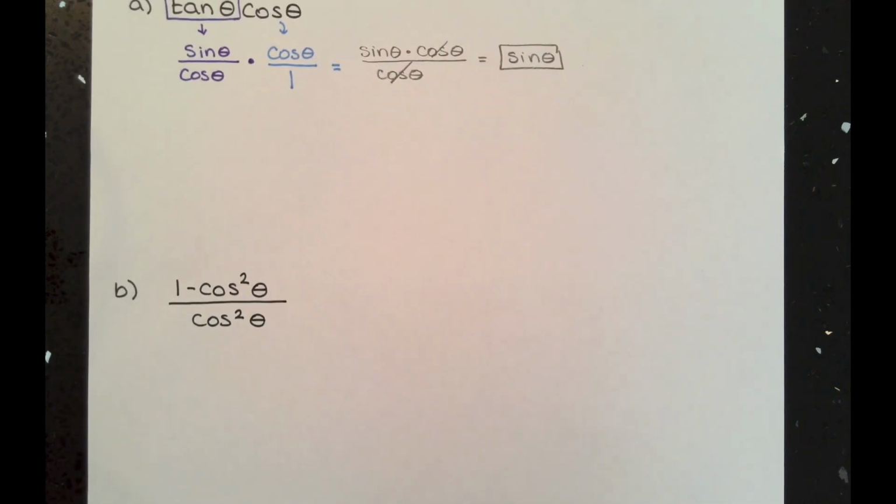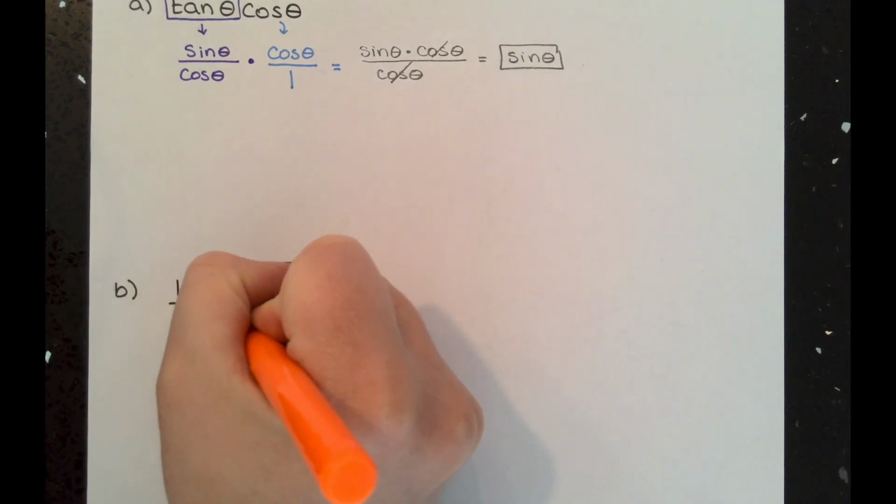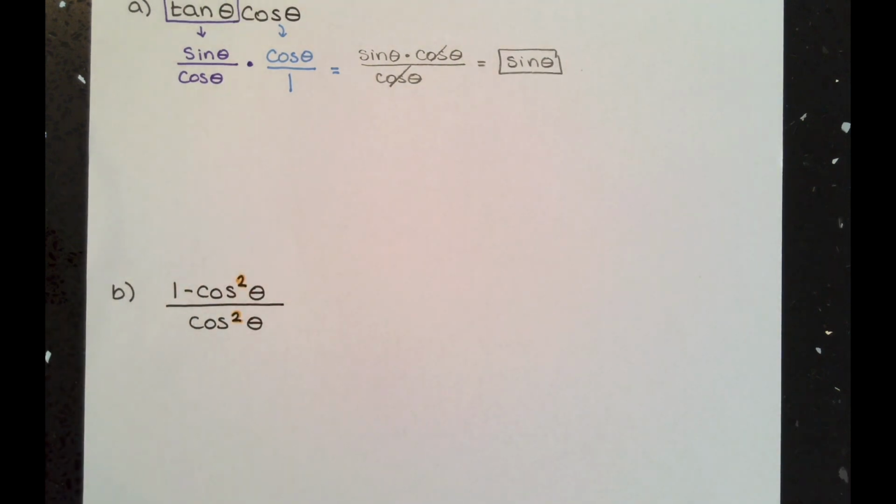Next up, we have alert, alert, alert. Do you see that squared? That means red flag. We're going to check if any of those match our Pythagorean identities. Now, step number one is still to rewrite things in terms of sine and cosine. But I see I only have cosine, so I can't really do that step number one because there's nothing to rewrite as sine and cosine.